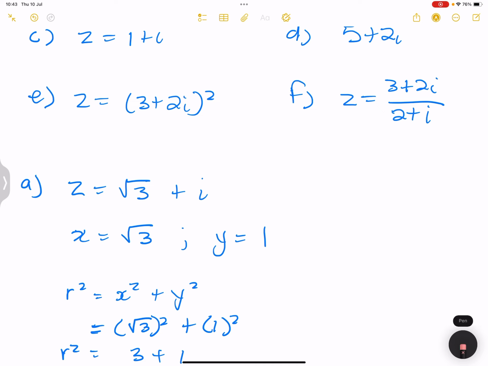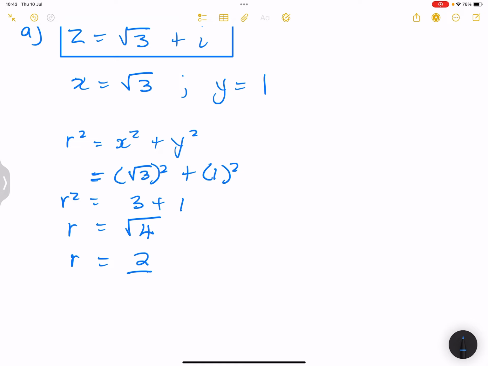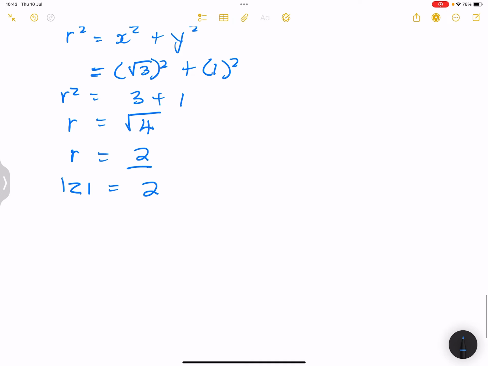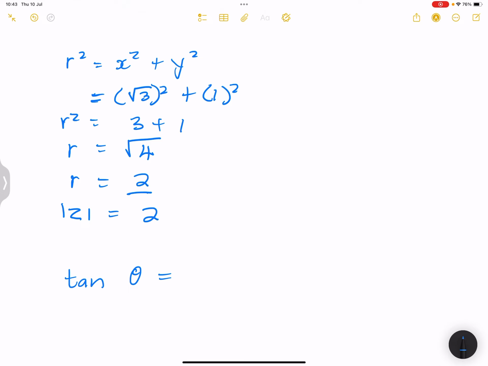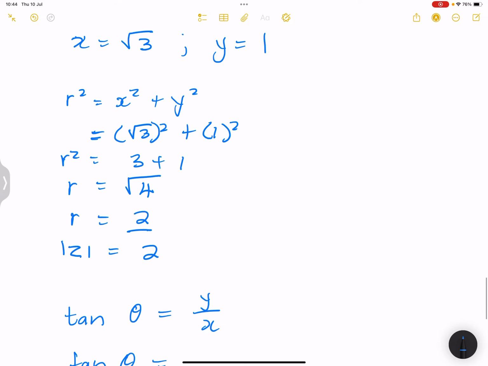And just a hint, just in case you make a mistake in calculating the modulus, then you can actually just resort to just using tan. So our modulus is equal to 2. So how are we going to get the argument? So tan of angle theta would be equal to, now please note in this case, tan is y over x. So tan of theta, a y value, that's 1.